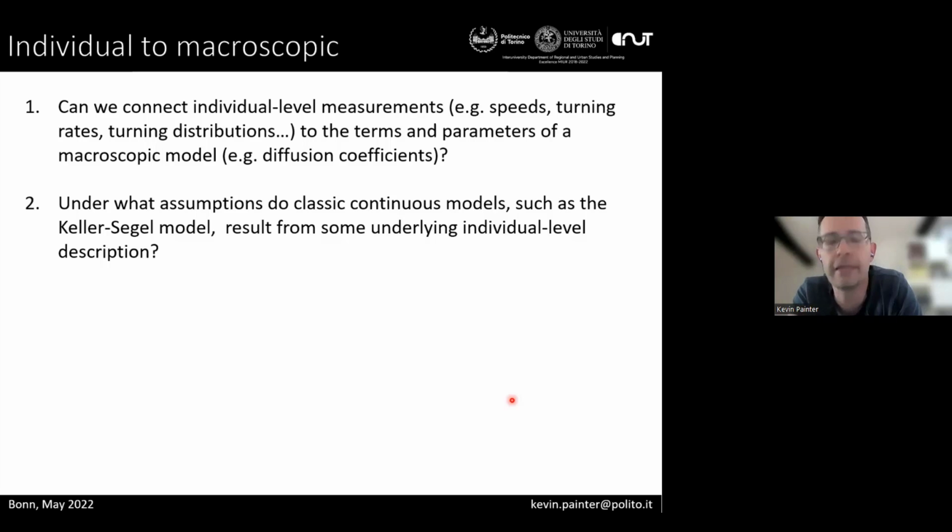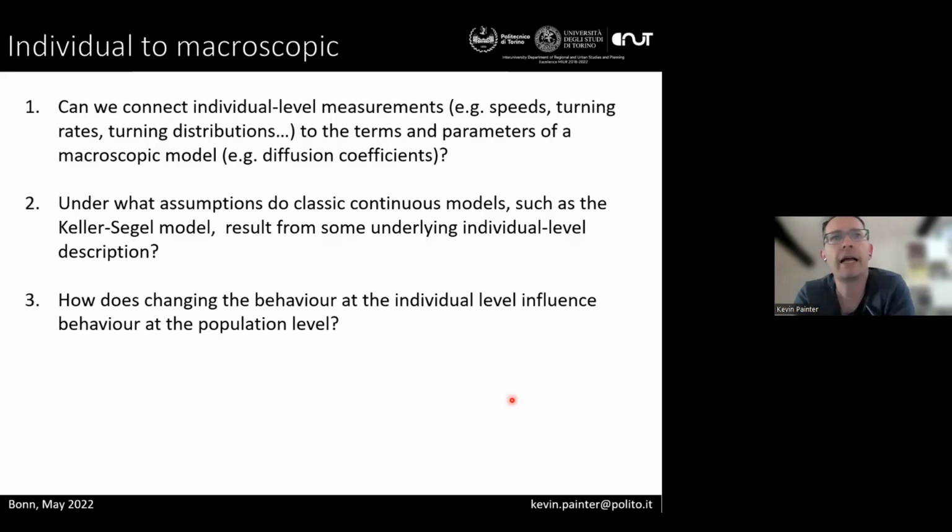So when can we obtain those models, and can we get more precise information on that? And a third question: how does changing the behavior at the individual level influence the type of equation we get at the population level? If we change our individual from a clinokinesis response to a clinotaxis type of response, how does that change the macroscopic model that we obtain?